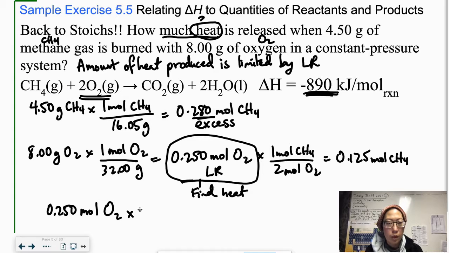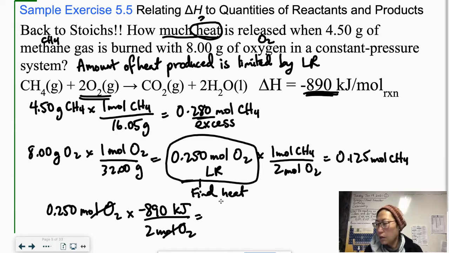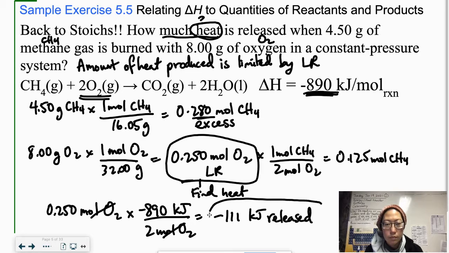So I can multiply by minus 890 kilojoules for 2 moles of oxygen, and my moles of oxygen cancels, and I end up with minus 111 kilojoules released. So there's my energy released, my heat released.